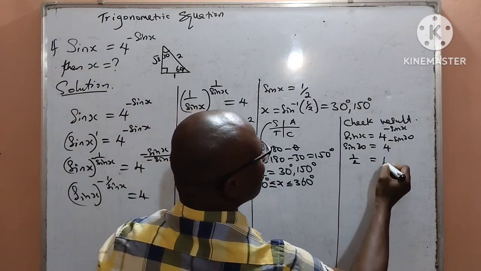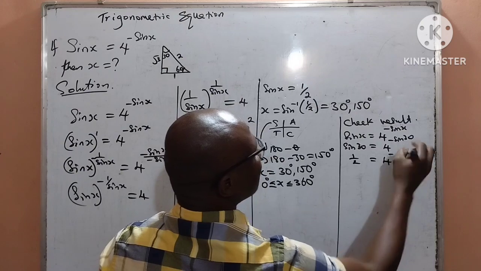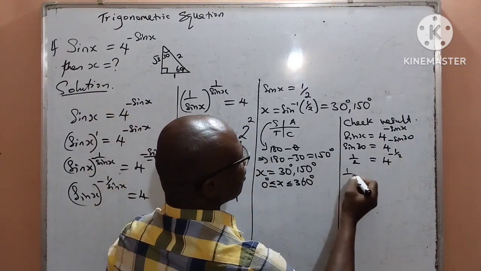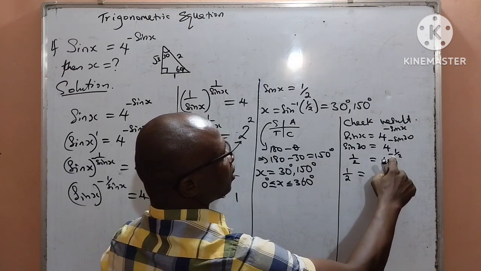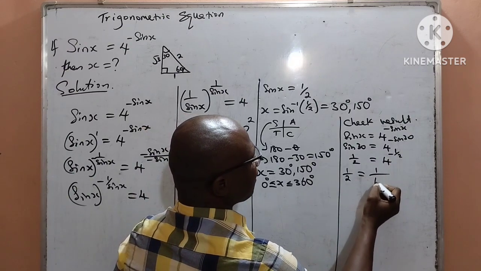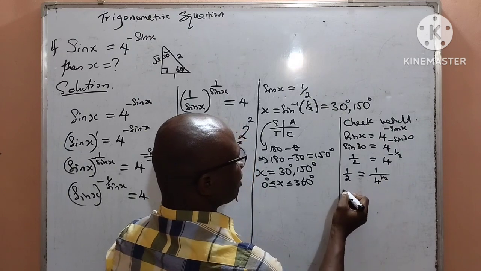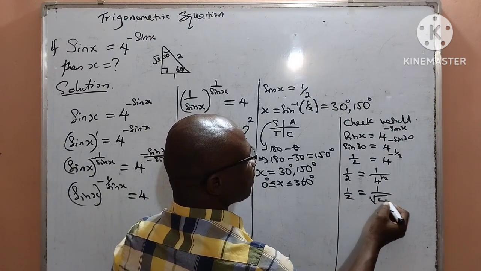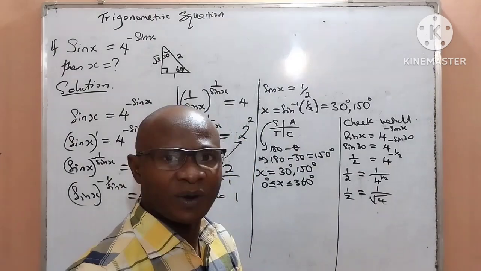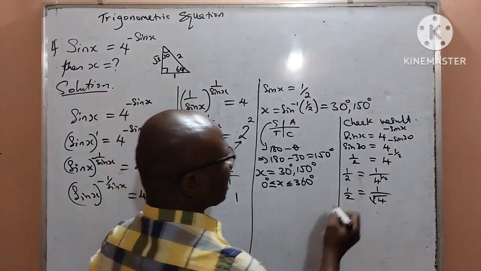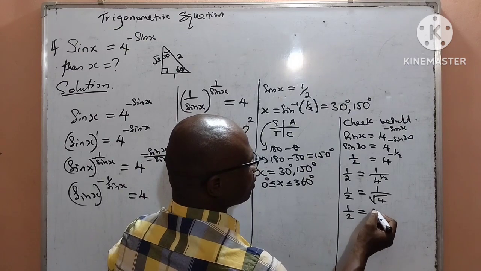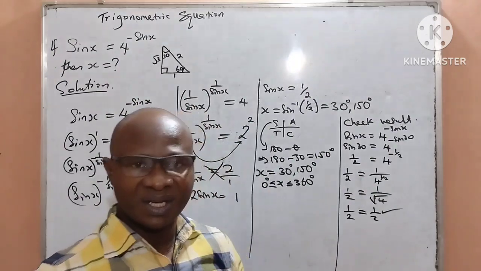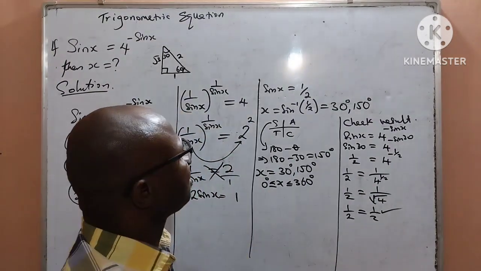Is it equal to 4 to the power of minus sine 30, which is also half? Let's work it. This is now going to be 1 over 2 equal to 1 over 4 to the power of 1 over 2, which is 1 over 2 equal to 1 over the square root of 4, since 4 to the power of half is square root of 4. And you can agree with me that 1 over 2 is equal to 1 over 2, authenticating that the value of x is 30, angle 30 degrees.